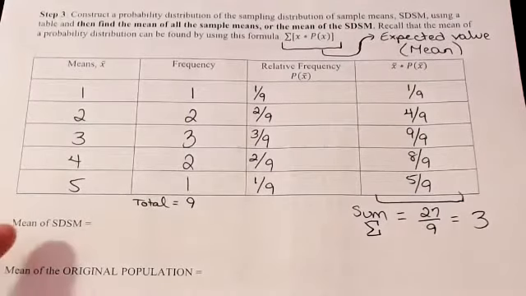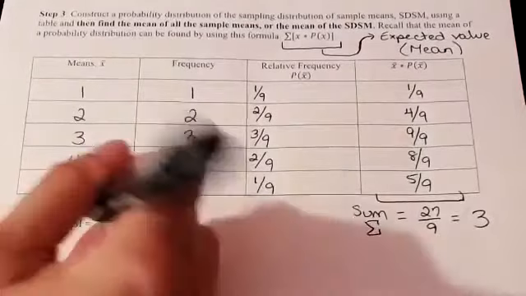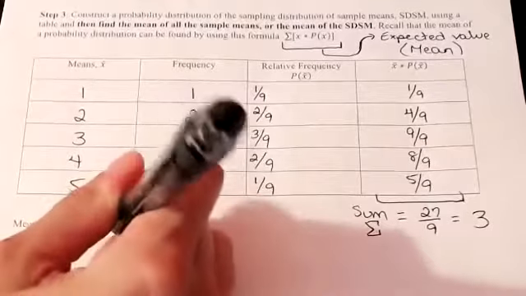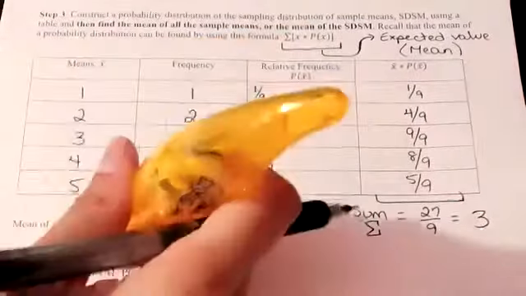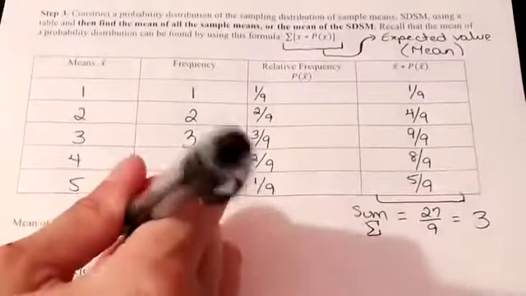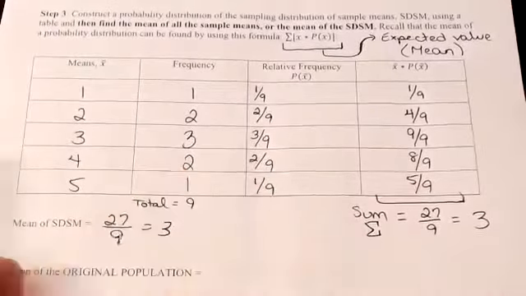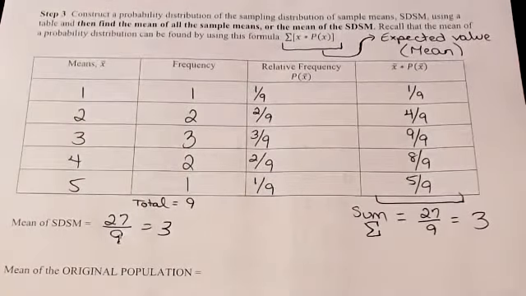Here where we have mean of the sampling distribution of sample means, that's our value here. So the mean of the sampling distribution of sample means is 27/9, which is 3. So we found the mean of the sampling distribution of sample means.